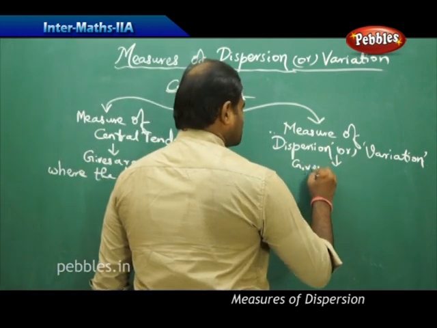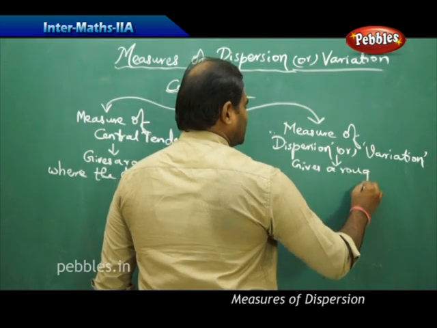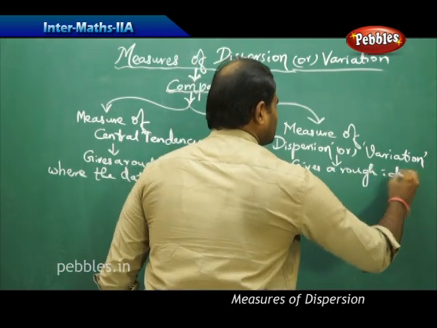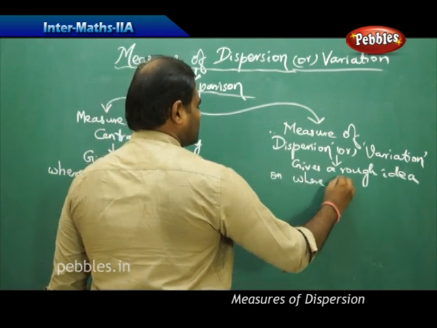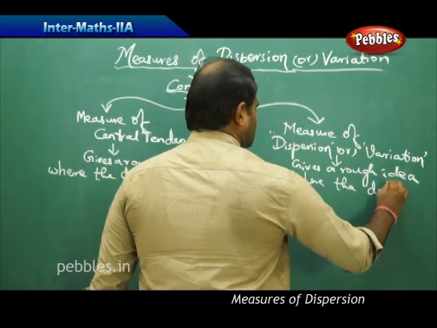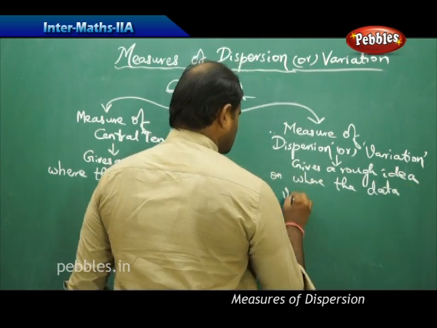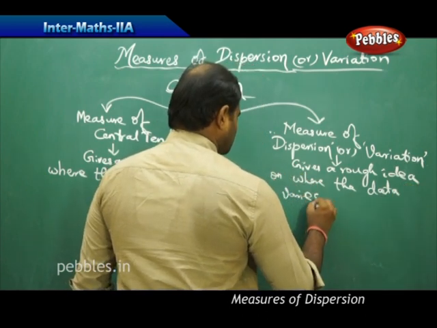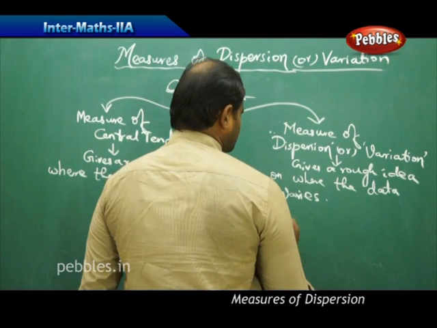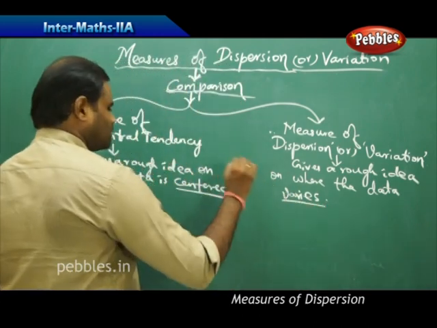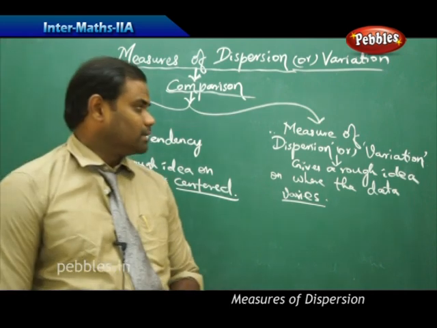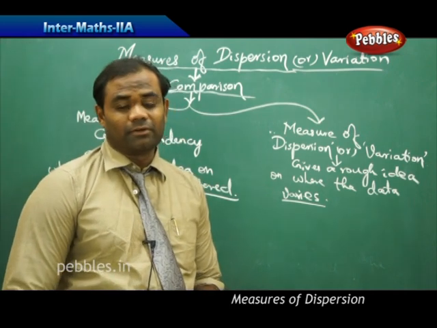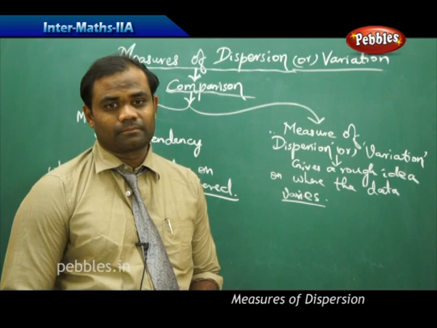And this gives a rough idea on where the data varies. Is how we understand the measure of central tendency and the measure of dispersion or variation of the data.